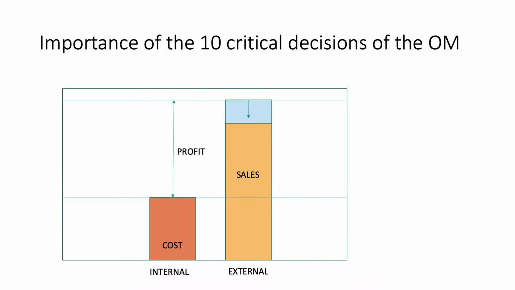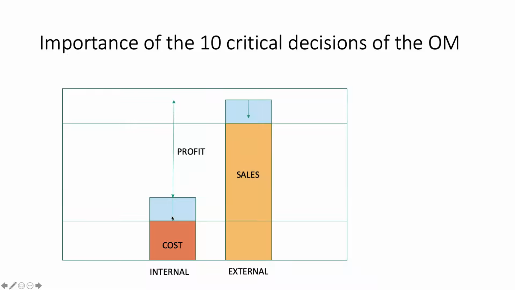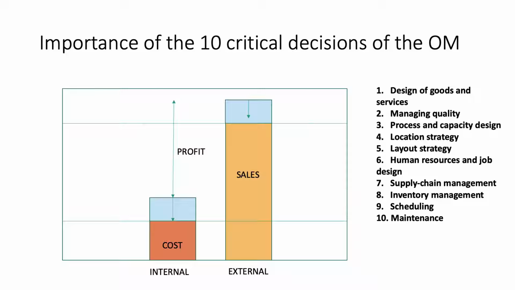Okay, so imagine that we have a decrease in the level of sales. The logical thing that we can do in the company is reduce the cost, so in that way we can have the same level of profit. But the mistake that we make in companies is that we always manage only these critical decisions.